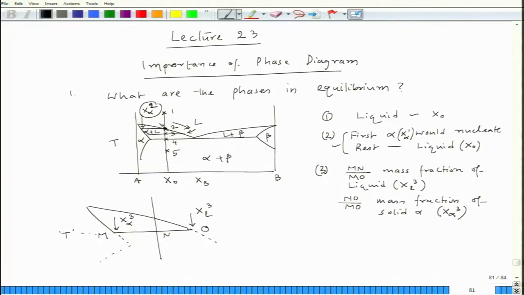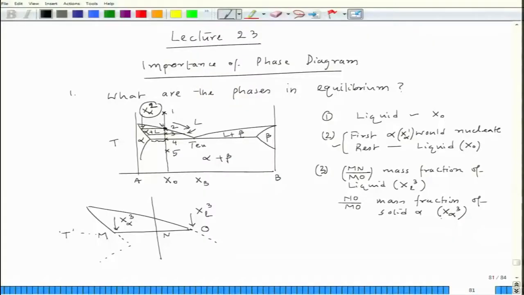You can see that the liquid fraction initially was almost 100% until it touches point 2, and then the liquid fraction becomes Mn divided by Mo, and gradually this fraction is decreasing, and also the alpha fraction is increasing, and this is the temperature which is T eutectic. So, whatever alpha is forming before we achieve the eutectic temperature.